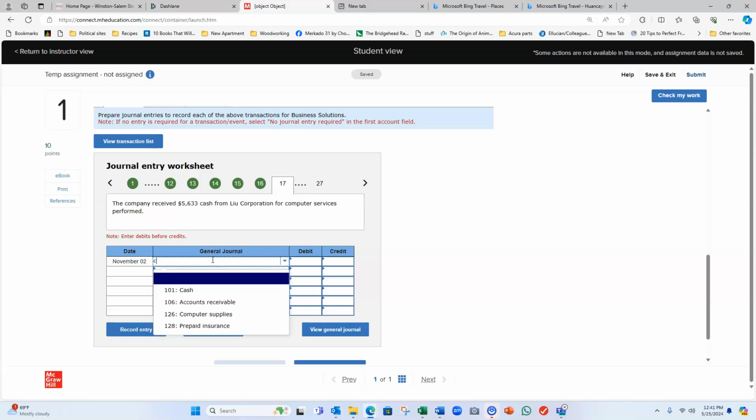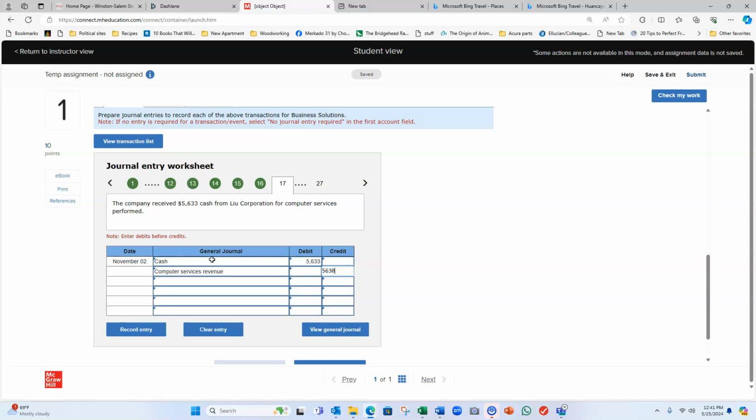Company received cash, so cash is going to be debited for $5,633 for computer services performed. So we did revenue. We earned the revenue and got paid for it at the very same time.